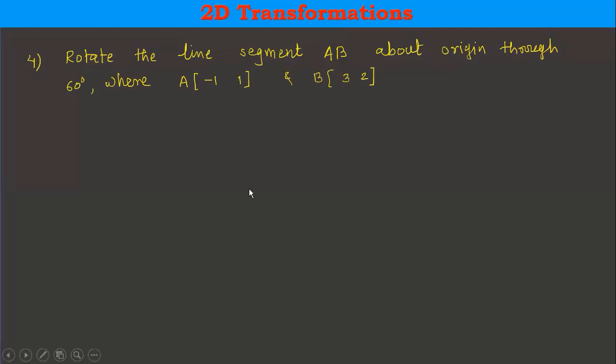Rotate the line segment AB about the origin through 60 degree, where the coordinates of the point A is -1 1 and the point B is 3 2, right? That means if you see the geometrical interpretation, there will be a segment AB on the XY plane. This is your x-axis and y-axis.